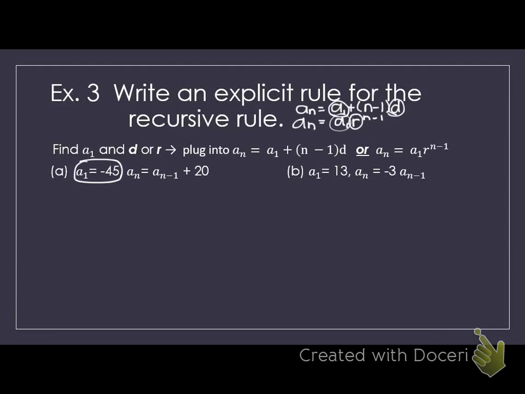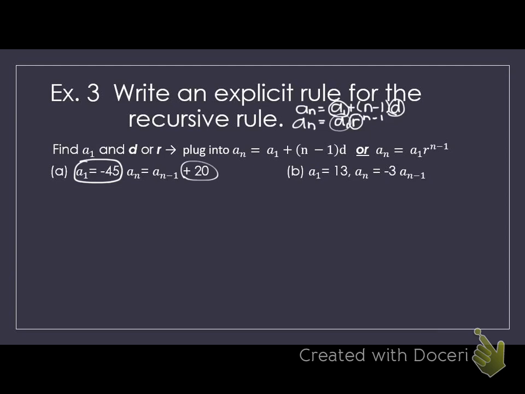So we should be able to figure out pretty easily, is that a common difference or is that a common ratio? So Renier, plus 20, is that a common difference or a common ratio? Yes, the plus 20, is it a common difference or a common ratio? If they're adding 20 in this recursive rule, it's a common difference.